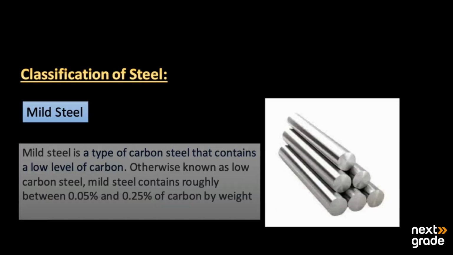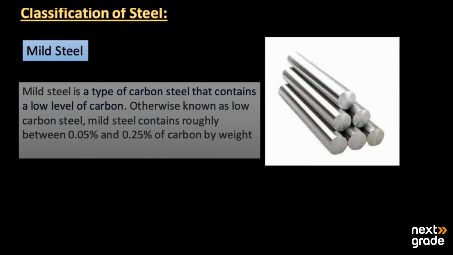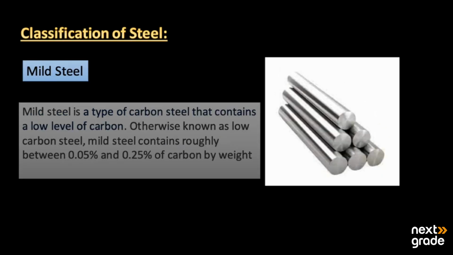Now here we have the classification of the steel. Basically, we have three classifications of steel, in which the first one is called mild steel. What does mild steel mean? Mild steel is a type of carbon steel that contains a low level of carbon, otherwise known as low carbon steel.